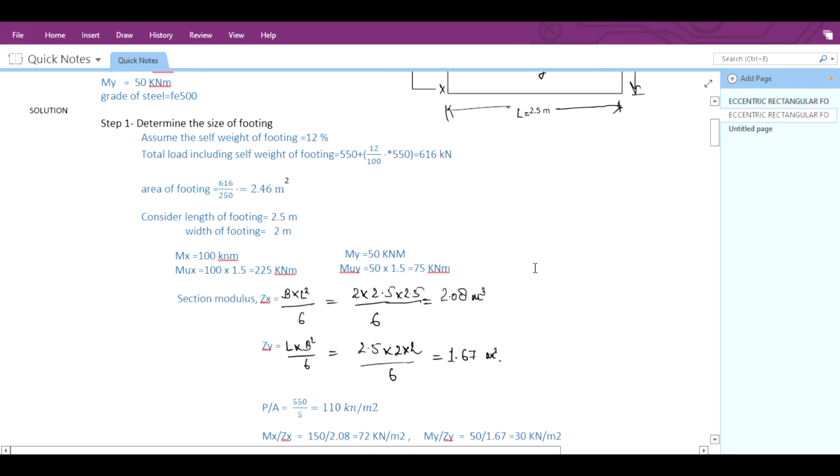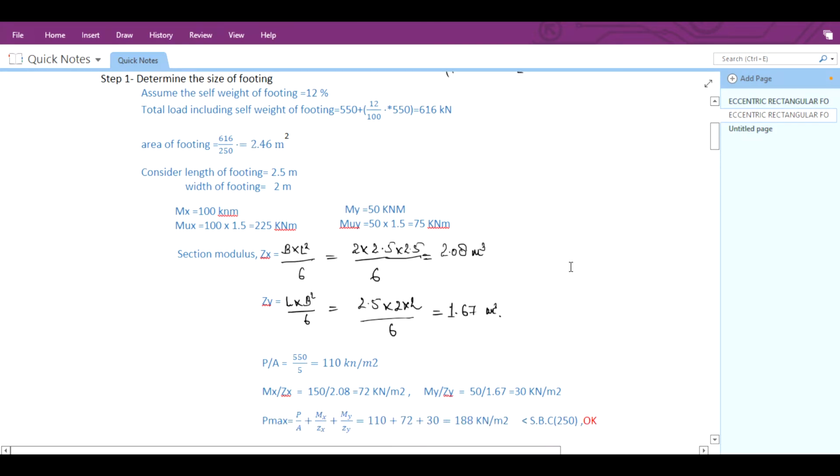The section modulus for x direction will be BL square by 6. So B is the width, that was 2, and L is the length, that was 2.5. So 2 multiplied by 2.5 whole square divided by 6, that will come as 2.08 meter cube. Similarly for y direction we have to calculate, but the formula will differ.